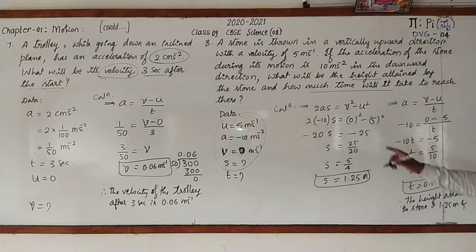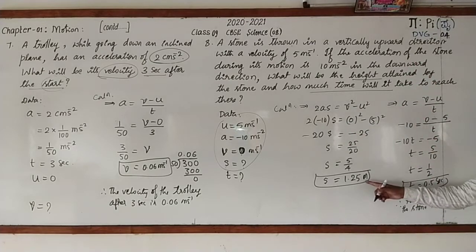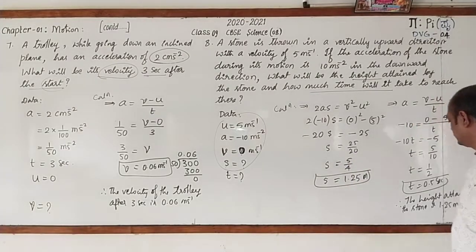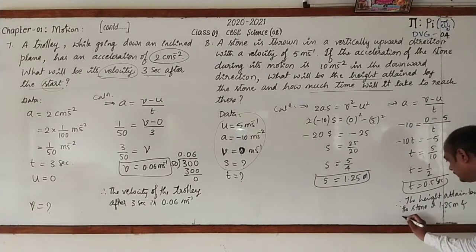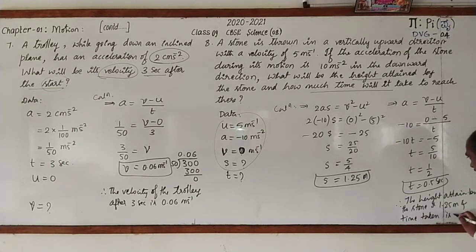And how much time will it take to reach there? That means how much time it has taken to cover this much distance? It is just 0.5 second, nothing but half second. And the time taken is 0.5 second, that is half of a second.